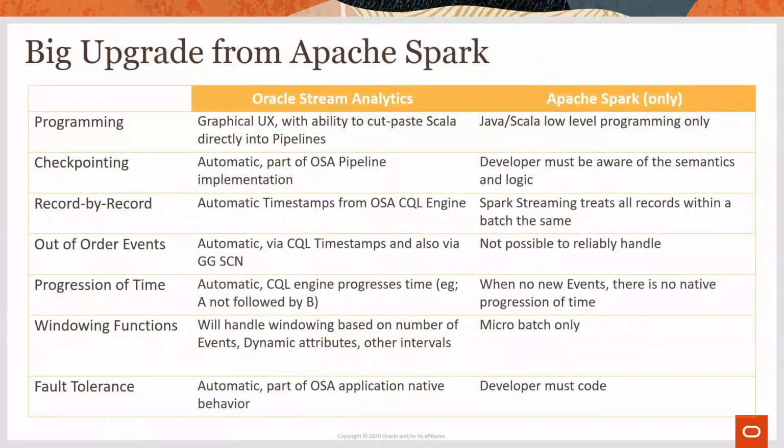And that's just one of the big advantages over some of the open source only capabilities that you might get, say, doing native development on Spark by itself. You get this nice low-code environment with a really rich graphical UI. But more importantly, from a transaction semantic standpoint, you get true record-by-record processing.